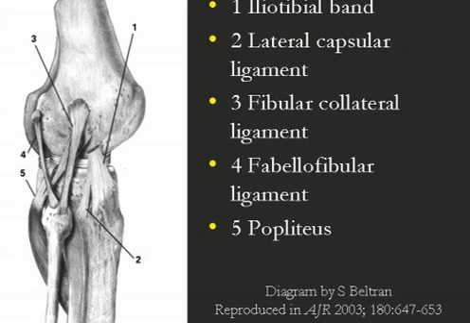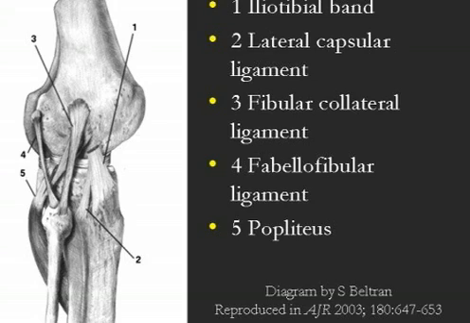So some of the basic major structures. And remember, all this is on the CD, and I am going to review many of these points over and over. So if we look here, most anteriorly, we have the iliotibial band. If we come back to number 2 here, this is the lateral capsular ligament, which is a thickening of the capsule between the iliotibial band and the fibular collateral ligament, which is this structure here, 3.